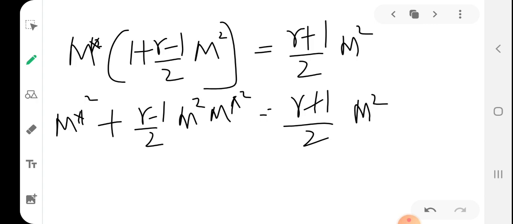Right? So I'm taking this to the left hand side, and this will be minus, equal to 0.